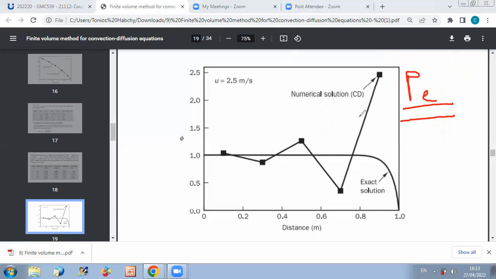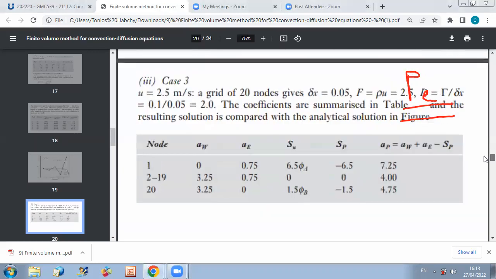Now, a possible solution for this will be to increase the number of grid points. And we'll see together why it will be a good strategy. So now, if you repeat the same procedure, but instead of taking 5 nodes, you take 20 nodes, then you will see that even if you use the central difference scheme, it will work well.